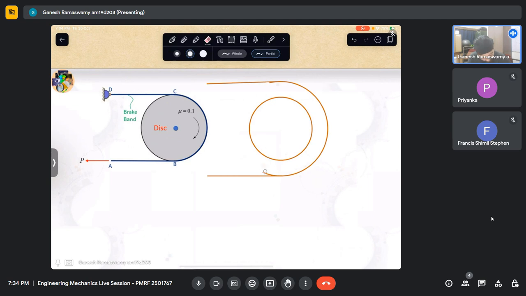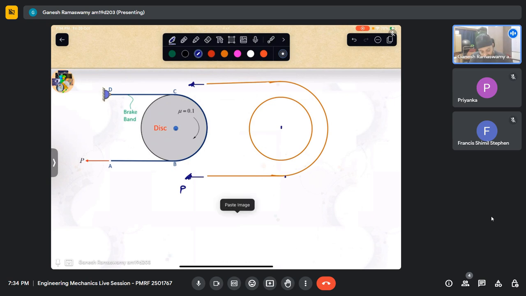So we isolate these two. Now there is some tension acting here, and some tension acting here. We have been told that this tension is P in this portion. Now we just need to see what the nature of movement is and we can easily identify the direction of friction. In this question, actually this is a brake band.